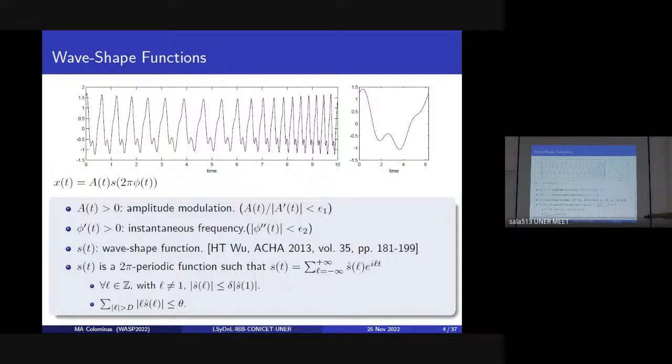That is what it means. It means that we do not have coefficients that do not decay. And because of this property, the wave-shape function will accept a bounded bandwidth approximation. We will see about that later.